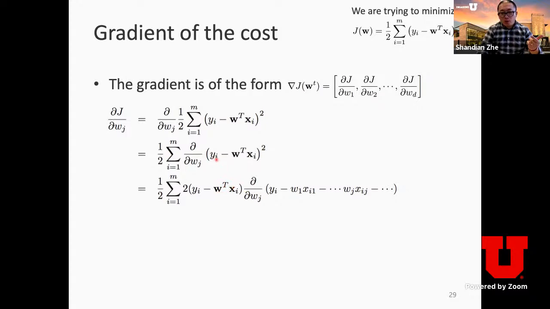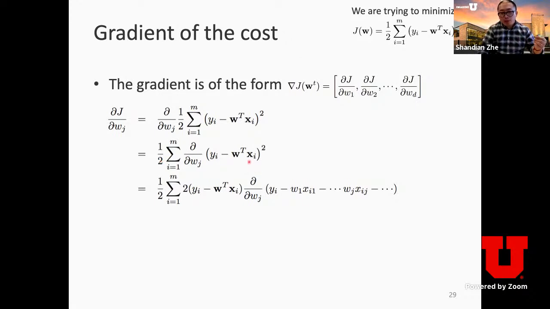Then you apply the chain rule, you take the gradient of this difference. And now we need to write out this inner product, because we only take the partial derivative with respect to wj. We need to look at which terms include wj. All the other terms are constant, and their partial derivative is simply 0.